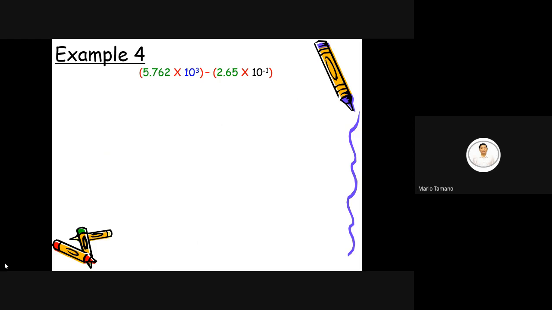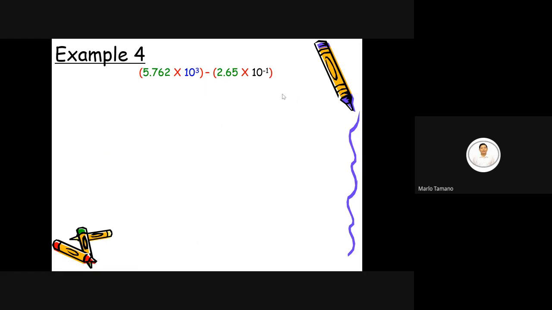Example number 4: 5.762 times 10 cubed minus 2.65 times 10 to the negative 1. So now we have a negative 1. What shall we do with this? Let's follow the 10 cubed. So we will move the decimal point of 2.65 going to the left.